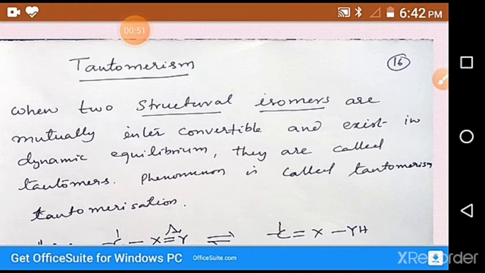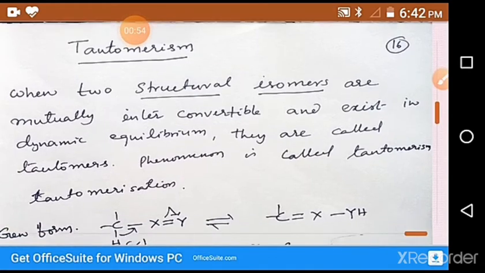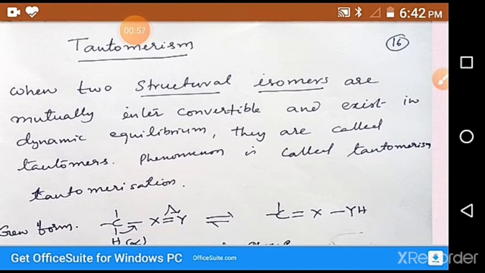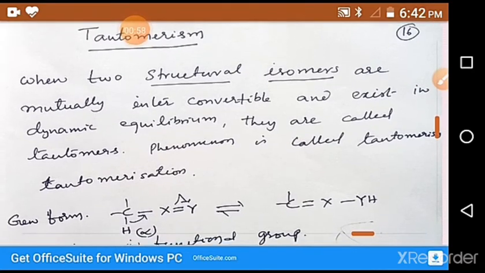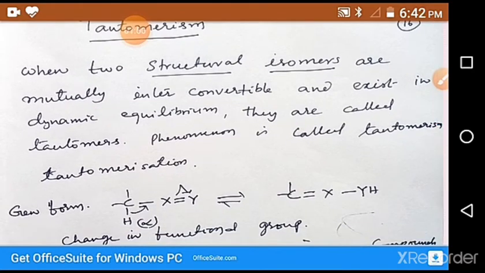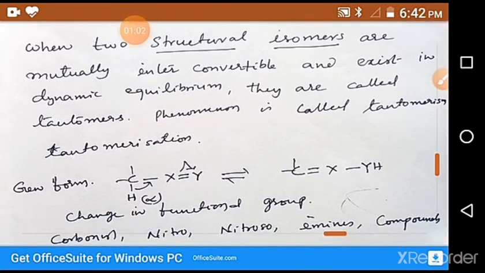We'll discuss these things. When two structural isomers are mutually interconvertible and exist in dynamic equilibrium, they are called tautomers. That phenomenon is called tautomerism.